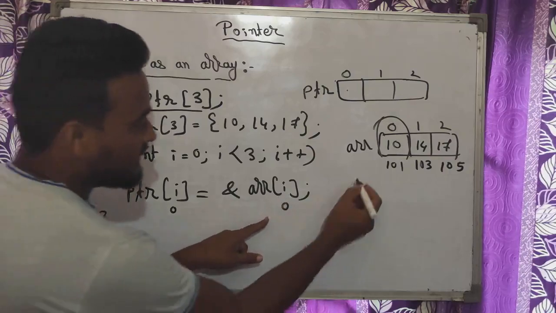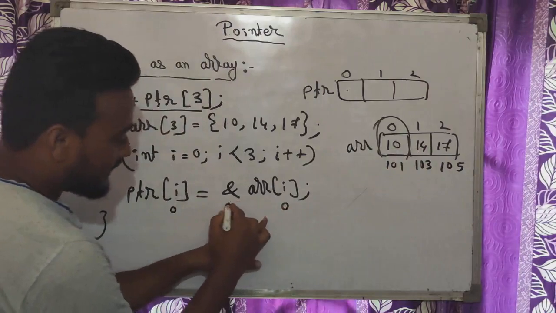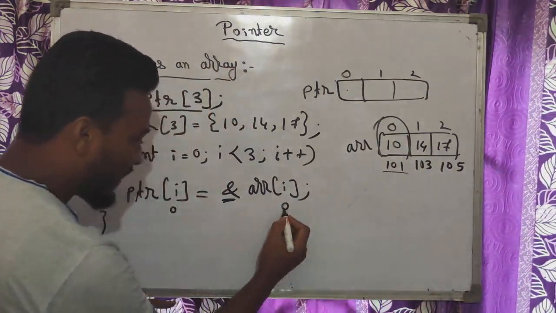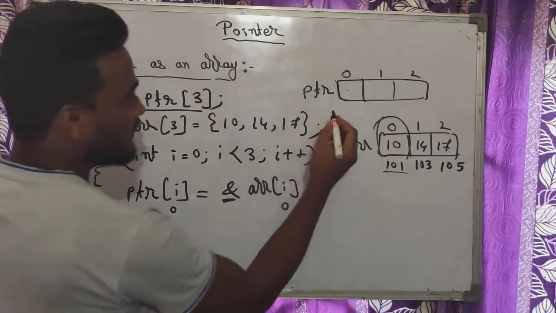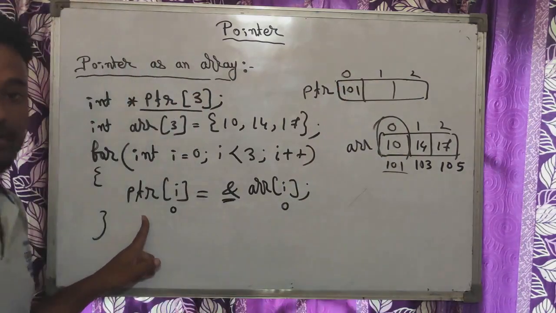Array I means this variable, I means 0, this position, and this time we are giving the reference, the memory address 101. That means 101 will be assigned and stored in the pointer variable ptr. That means 101 will be stored here.